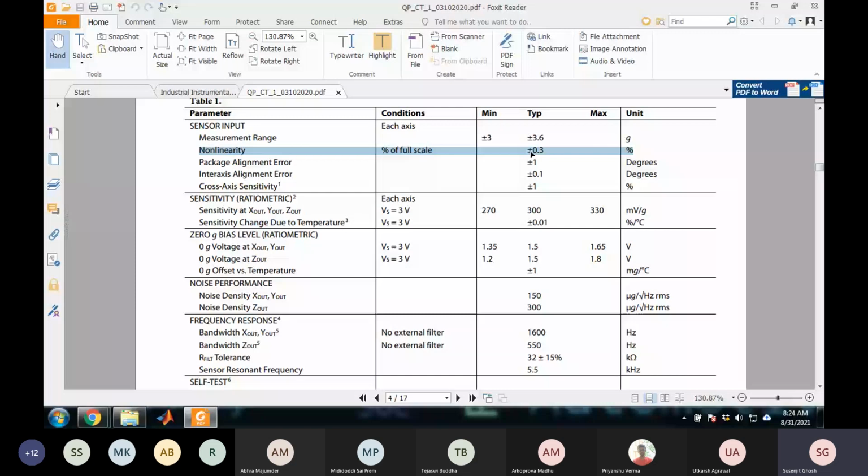Okay. The second error is the package alignment error. So what is this package alignment error?